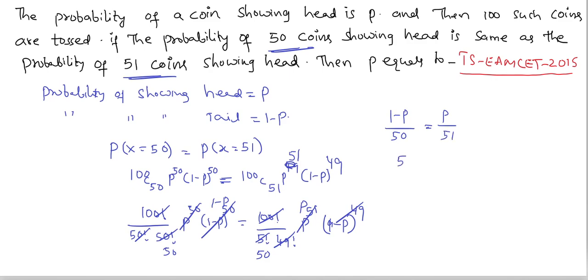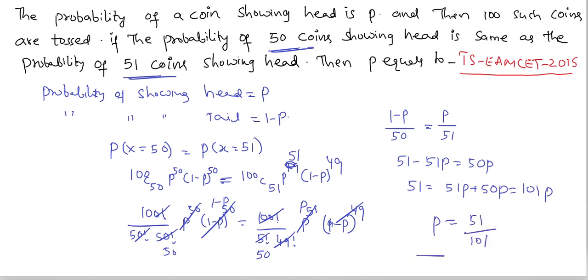So 51 minus 51P is equal to 50P, so 51 is equal to 51P plus 50P, that is 101P, or P is equal to 51 by 101. This is the value of P.